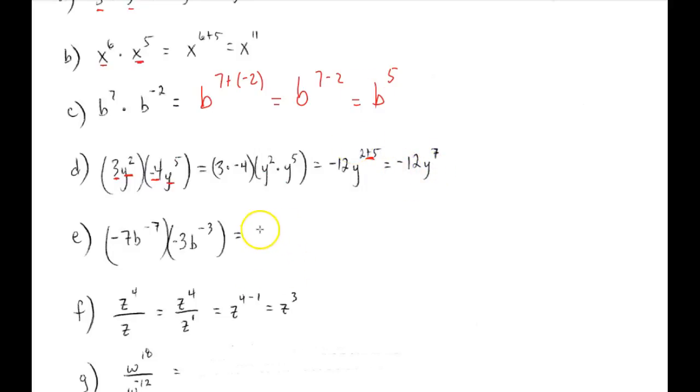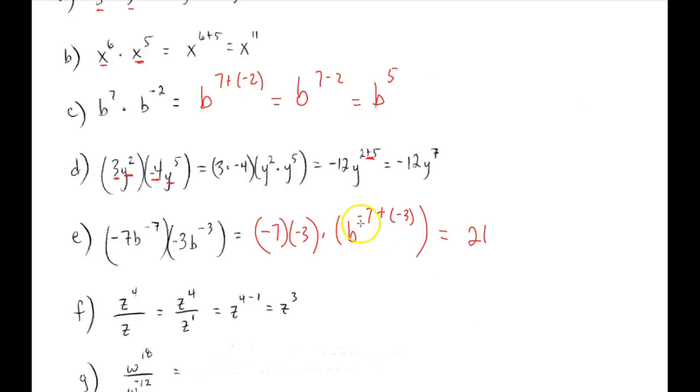So for E, when we do it, we could take -7 times -3. We can do that times B raised to the -7 plus -3 by adding the exponents since the bases are the same. So -7 times -3 is a positive 21.